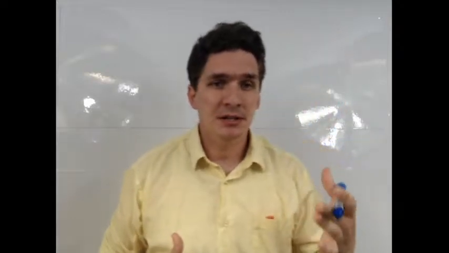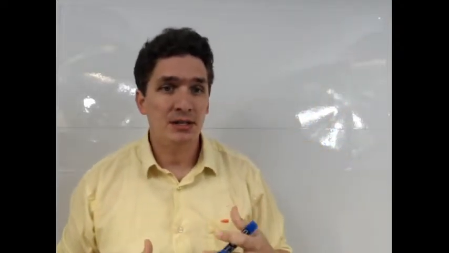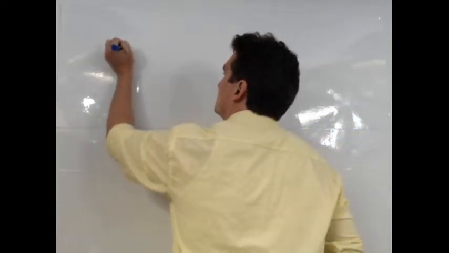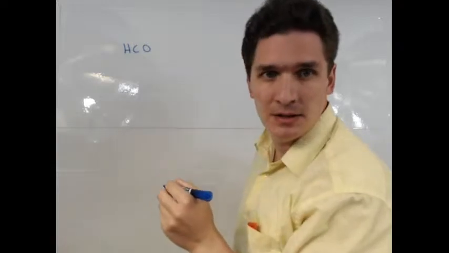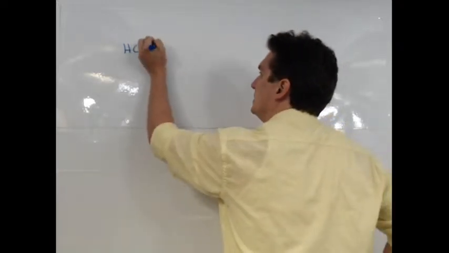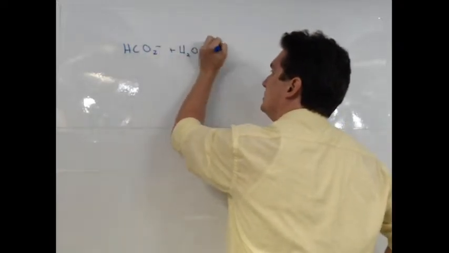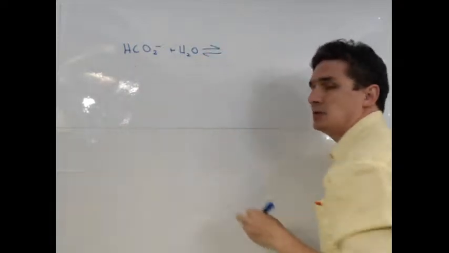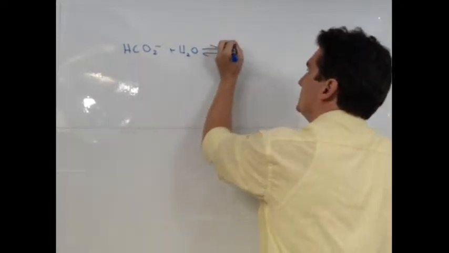Typically when we write this, the question here is, could you write how HCO2 behaves in water? Typically we don't assume the water is going to contribute the acid source. So the water here is always going to be H2O. So we have HCO2 negative. In this case, we're going to treat the acid as losing a hydrogen.